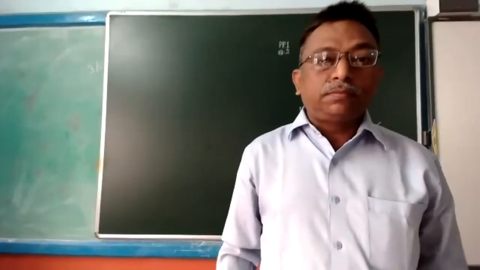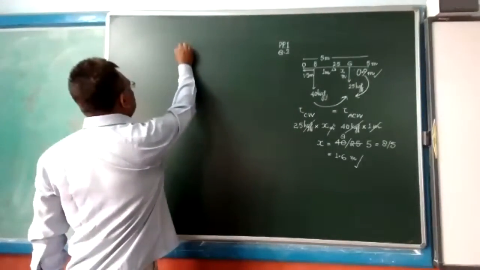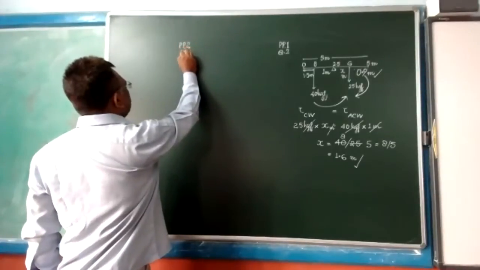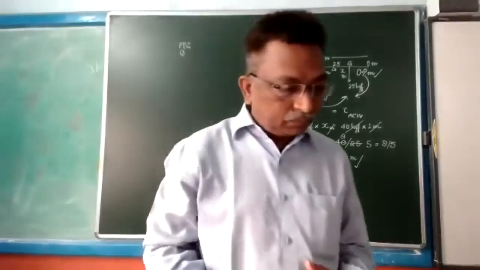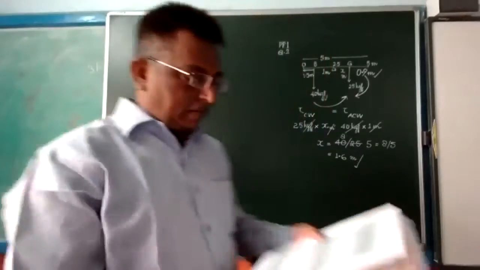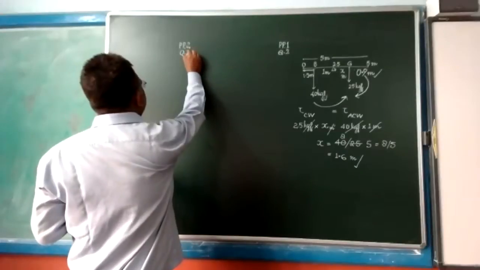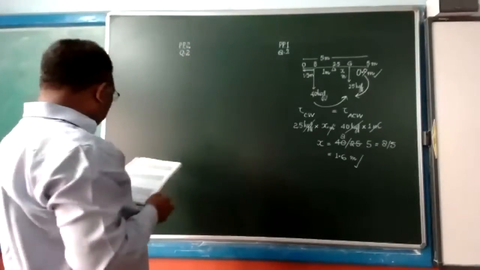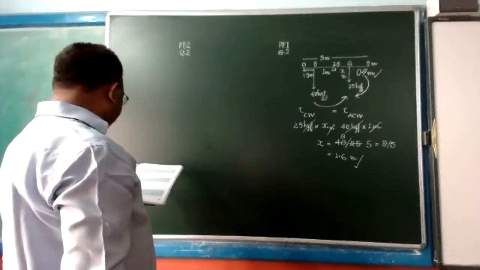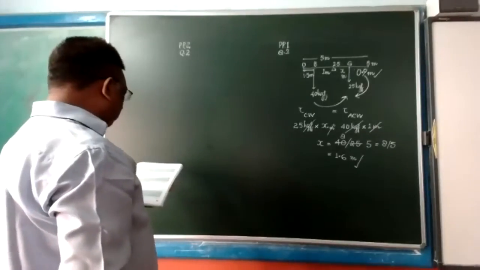Now PP2. Practice problem 2. Question number 2: an effort of 50 kg is applied at the end of a lever of second order.